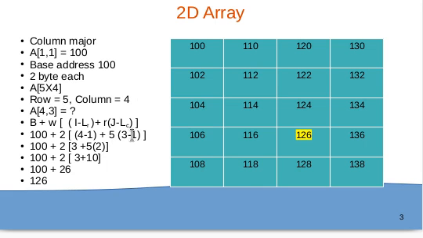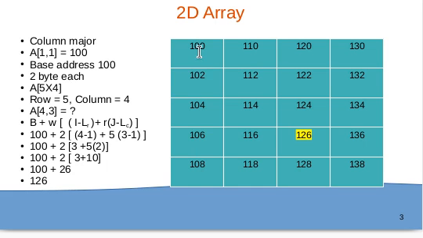So 5 into 3 minus 1, and then 1, 2, 3, 4, that means this address minus this address, as it starts from this, so this will be 4 minus 1. So 3 plus 5 into 2, that means 3 plus 10, that means 13 into 2, 26. So the address will be 126.